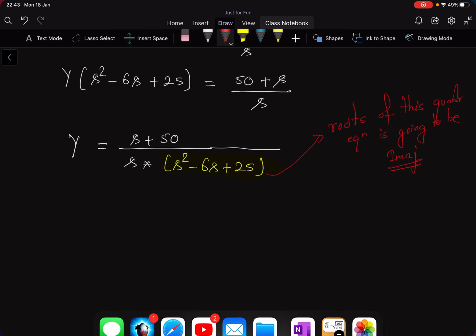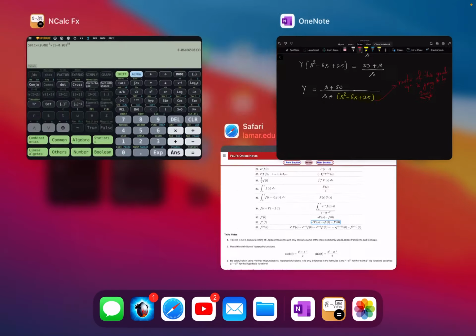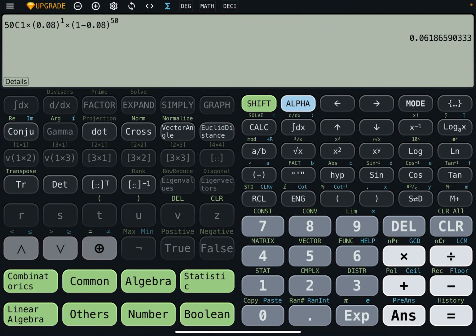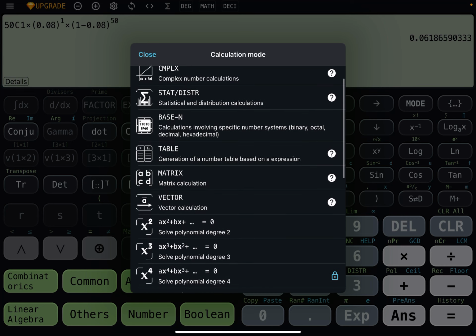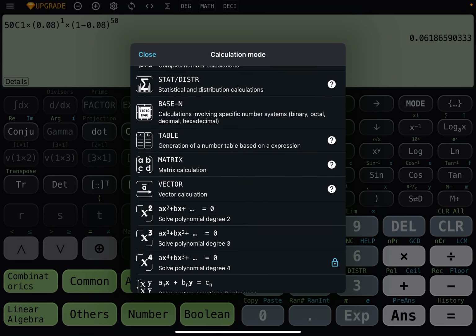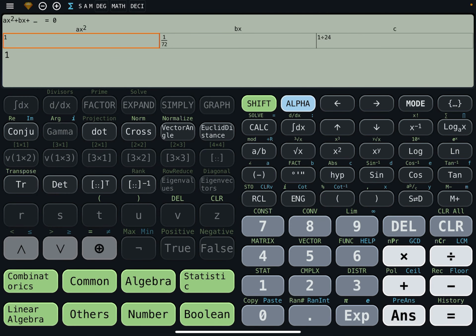Remember, a value is 1, b value is -6, and c value is 25.